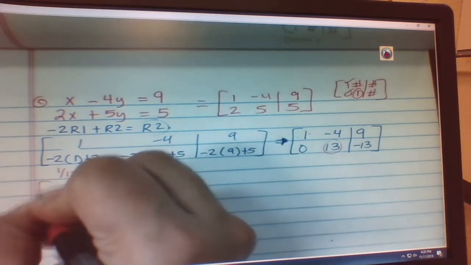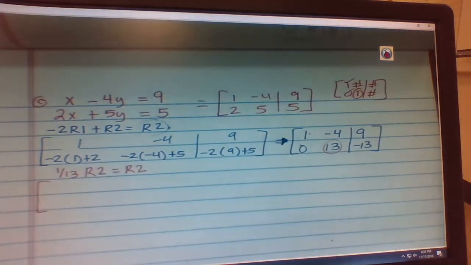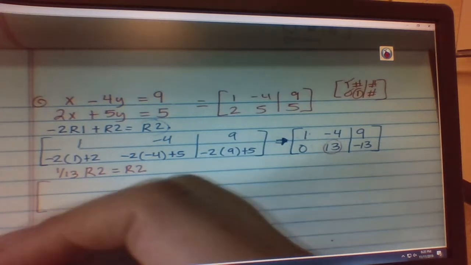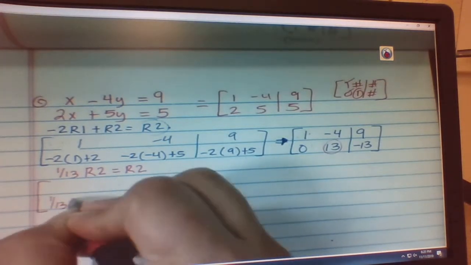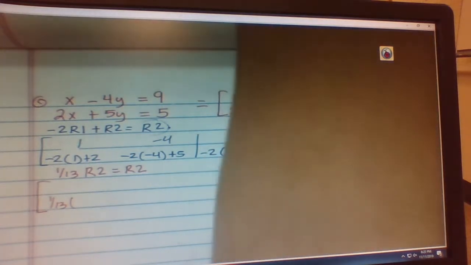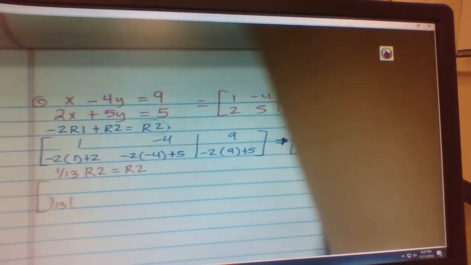So you don't do anything to what row? Row 1. 1/13. Let me freeze it. You work on it.